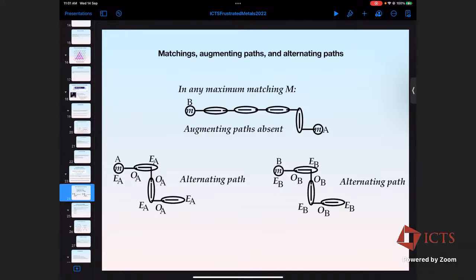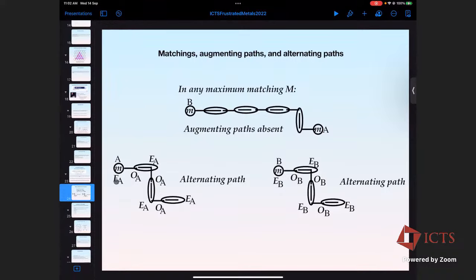Now, starting with any one matching, the theory says you build these alternating paths starting from the monomers of that maximum matching. So you go on an empty edge, then a matched edge, empty edge, matched edge. That's an alternating path. And as you go along, you start labeling the sites you reach as even or odd, depending on whether you took an odd number of steps to reach or even.